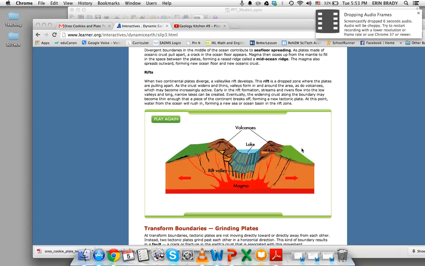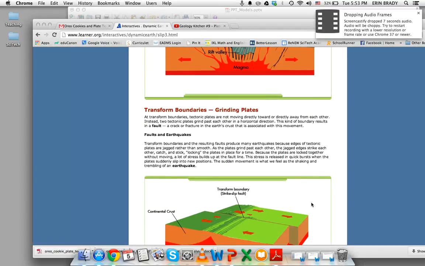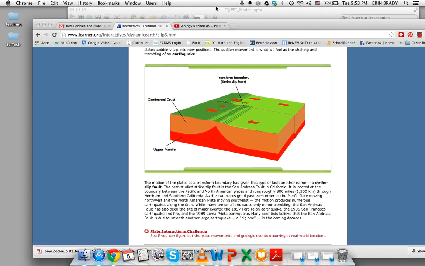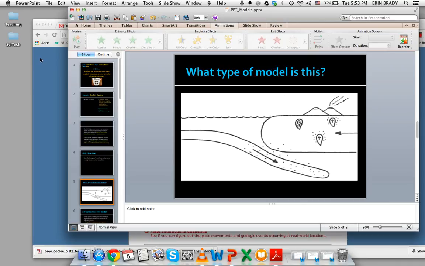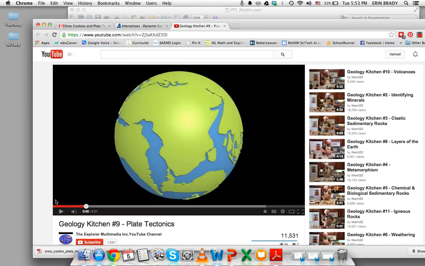And what type of model is it? Turn and talk to your partner. Why was this model created? What is it helping to explain? What concept? All right, next model. What type of model is this?